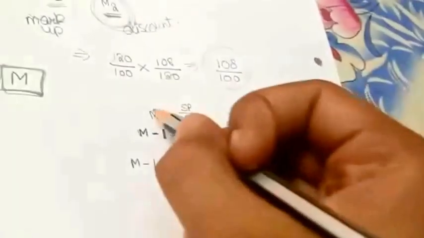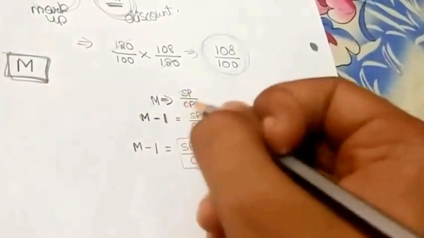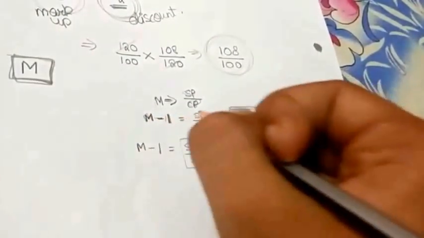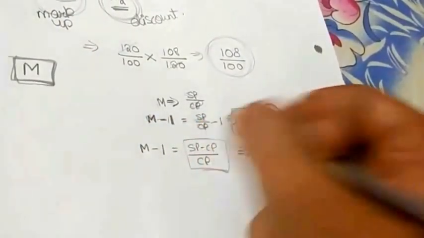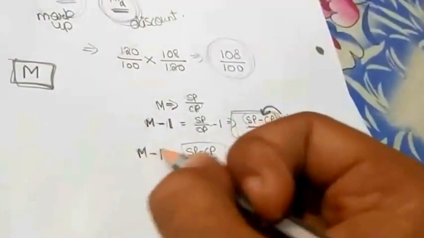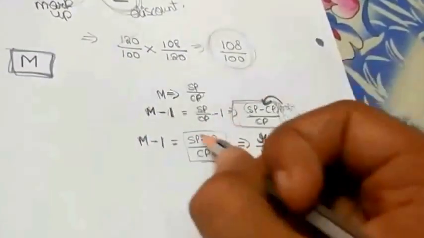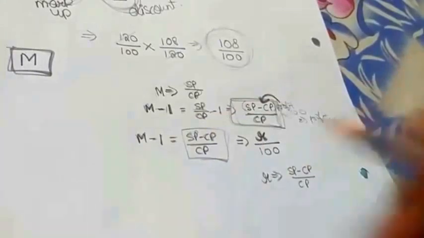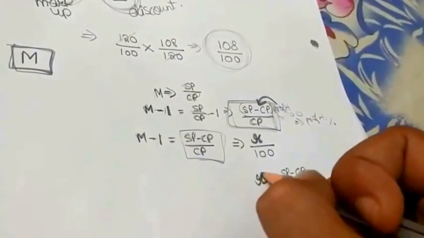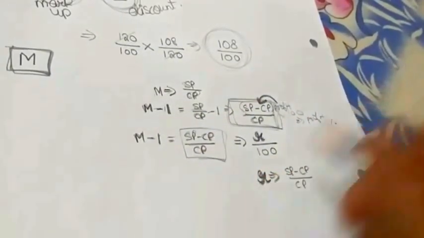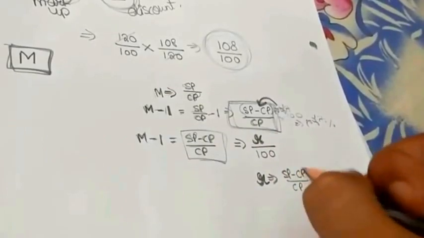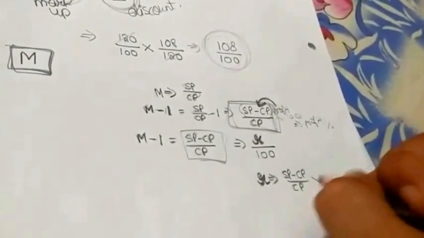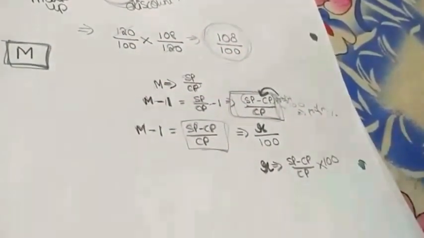Let me just say it again. M is equal to SP upon CP. M minus 1 is equal to SP upon CP minus 1. So M minus 1 is equal to SP minus CP upon CP. And we know that our profit percentage R is equal to SP minus CP upon CP multiplied by 100, right?